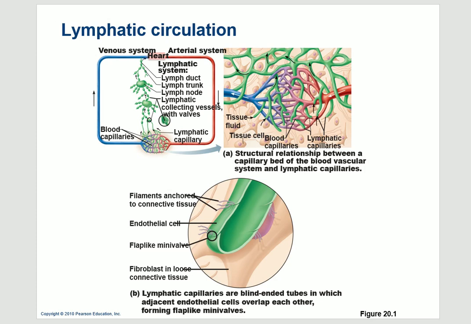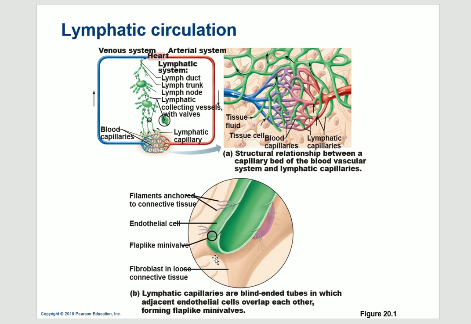So the lymphatic vessels, aka lymphatics, aren't made the same way a capillary is, but it's about the same size as a blood capillary. So that's the bottom picture over here. If you look closely, there are little flaps. It's a flap-like mini valve over here. It's not a solid wall.